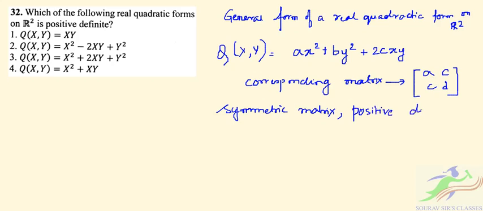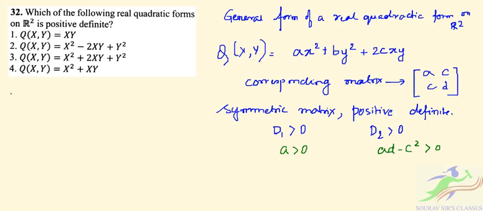To be positive definite, d1 should be greater than 0 and d2 should be greater than 0. So in this case a is greater than 0 and ad minus c square is greater than 0. Then we can say that this is symmetric and positive definite. Let us check the options one by one.